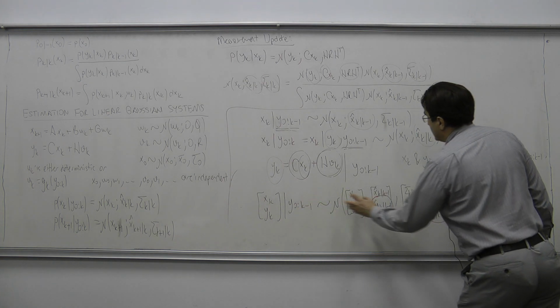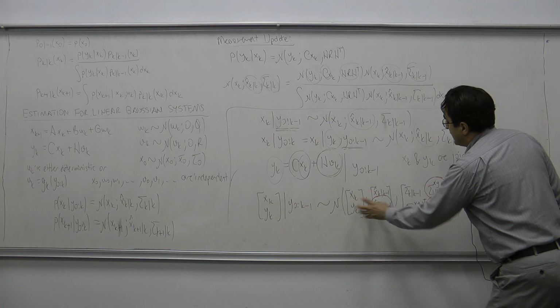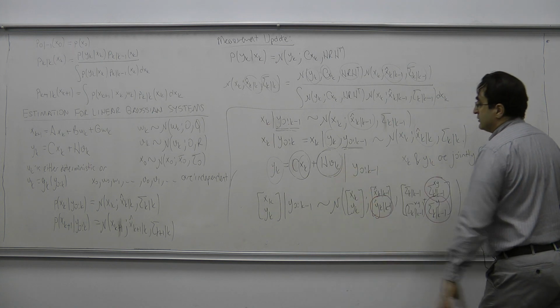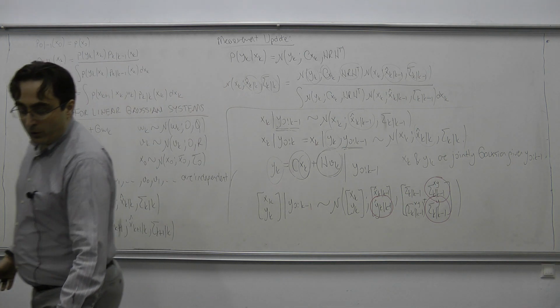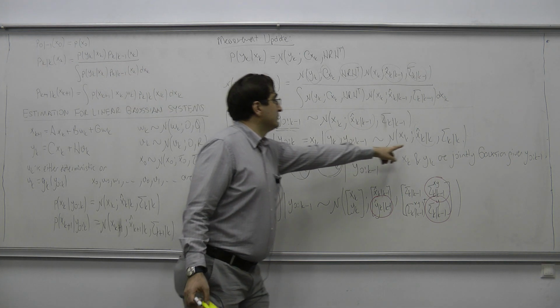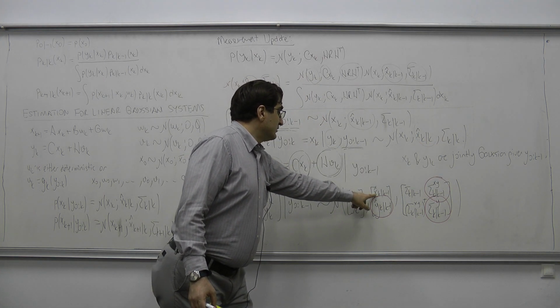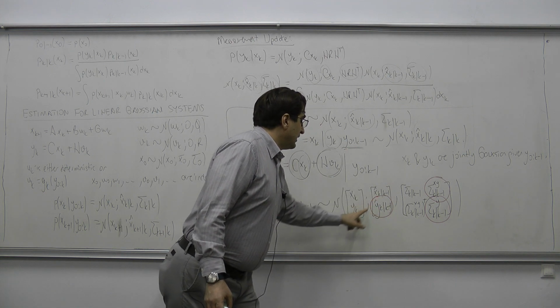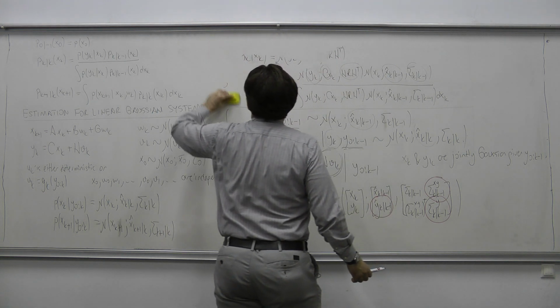We are going to calculate this joint Gaussian distribution's parameters, and then use the conditional Gaussian mean and covariance formulas to calculate x hat k given k and sigma k given k in terms of these predicted quantities plus the measurement here.